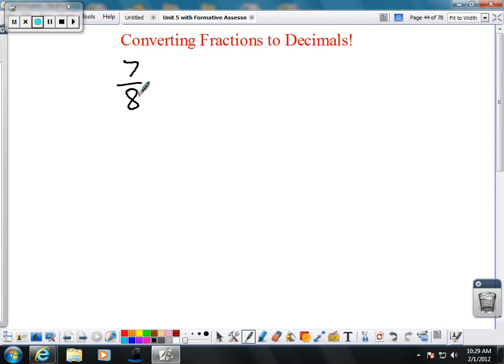So in order to convert this fraction, 7/8, into a decimal, we do something that everybody absolutely loves. Can you guess what it is? That's right, long division. The only way to convert 7/8 into a decimal is to divide: 7 divided by 8.